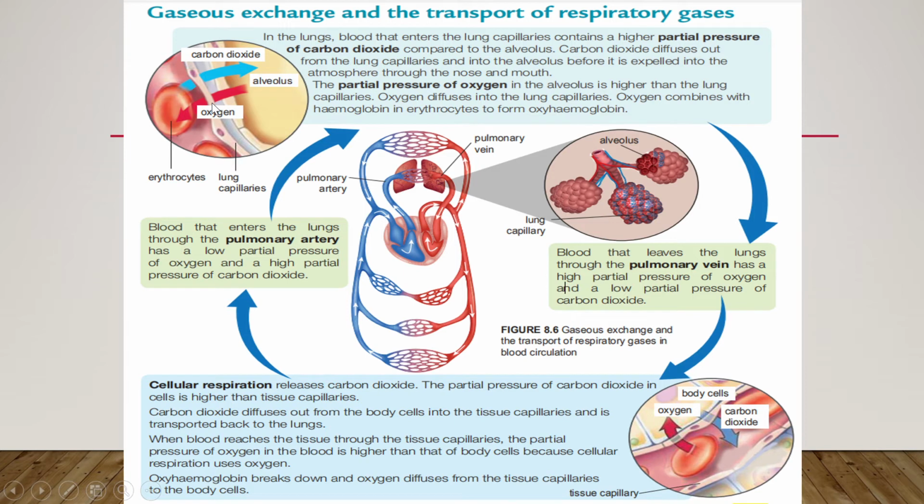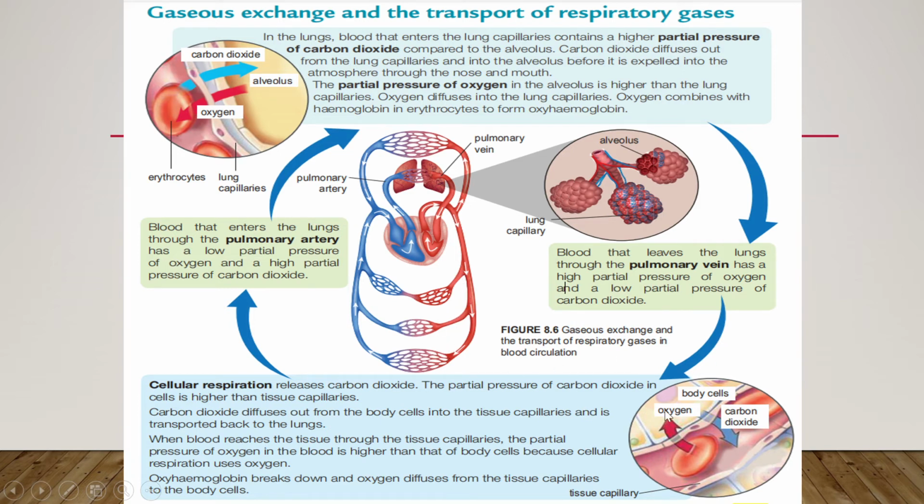Next, the blood has been converted from deoxygenated to oxygenated. Their journey is that they will be going to the heart and then to the rest of the body cells.